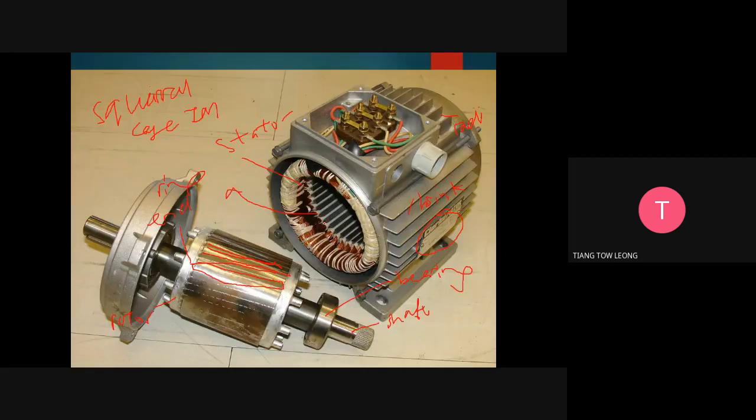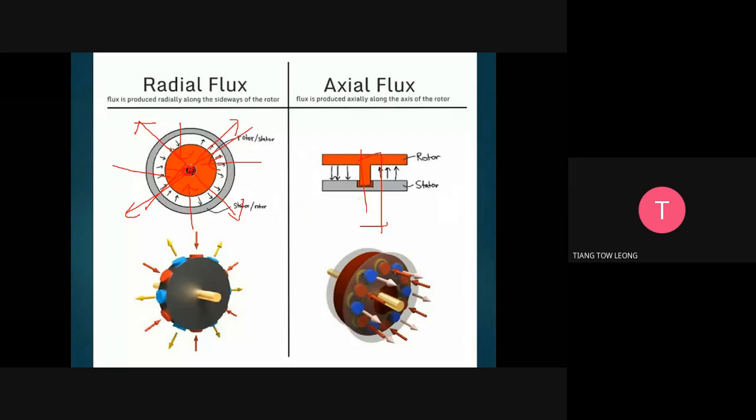Maybe I show you the shaft going into the paper, and the flux comes out from the shaft. This is radial flux. For example, this is the shaft, and the flux flows through like this, either in or out.